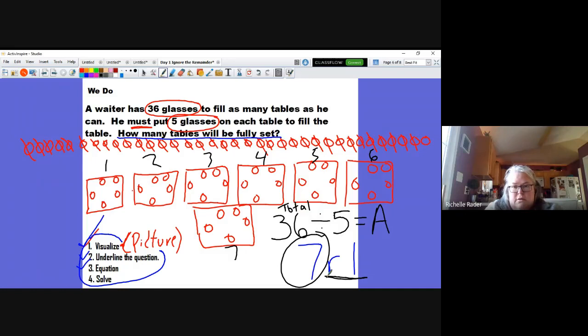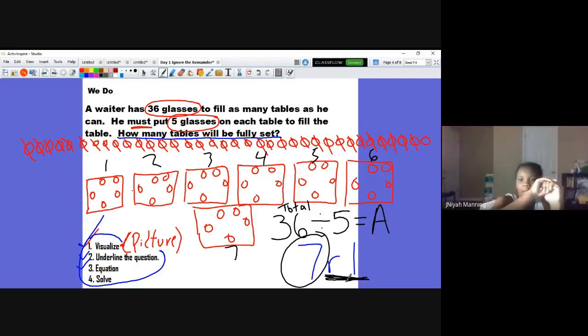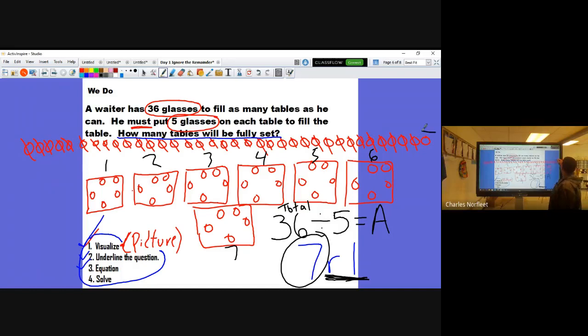I don't think she's there. Okay. Janaya? This remainder of 1, where do we think it came from? Because there was one left. Bingo. There's 1 right here that's left. We couldn't do anything with it. Great job. And it says how many tables will be fully set? You guys already told me 7.